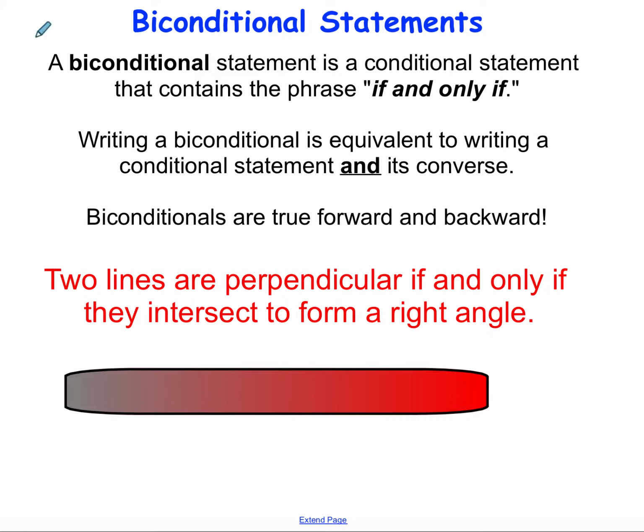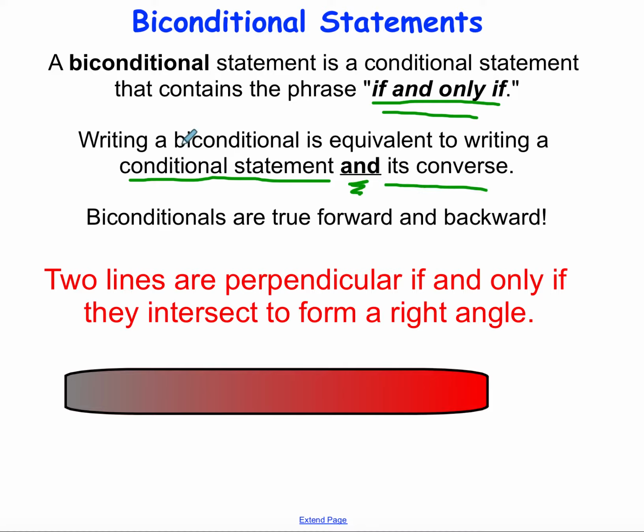A biconditional statement is a conditional statement that contains the phrase if and only if, and we'll get to that in a second. So we don't just say if-then, we actually add to it and we say if and only if. Writing a biconditional statement is equivalent to writing a conditional statement and its converse.